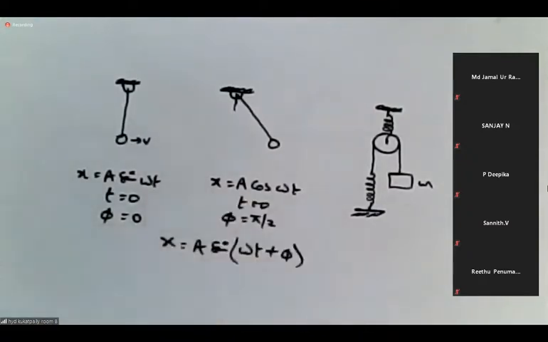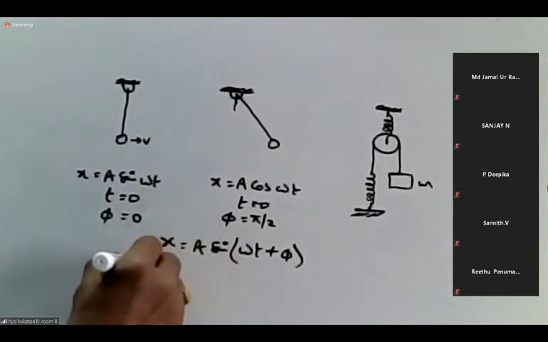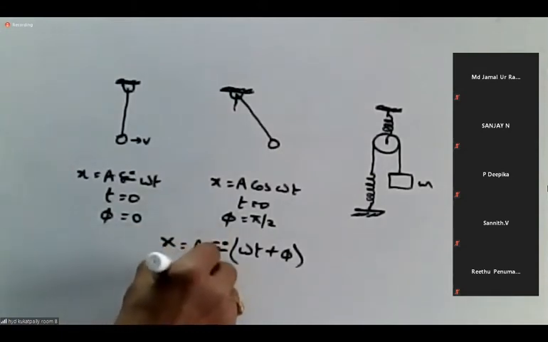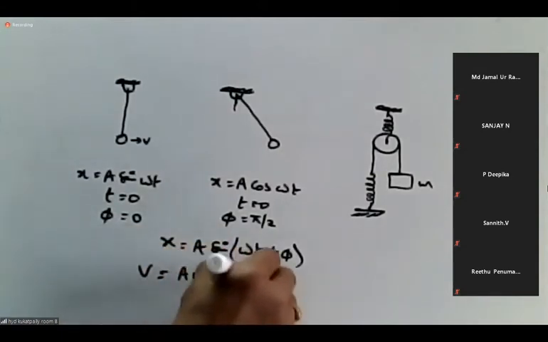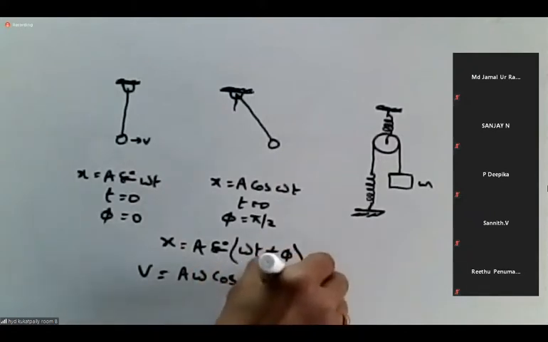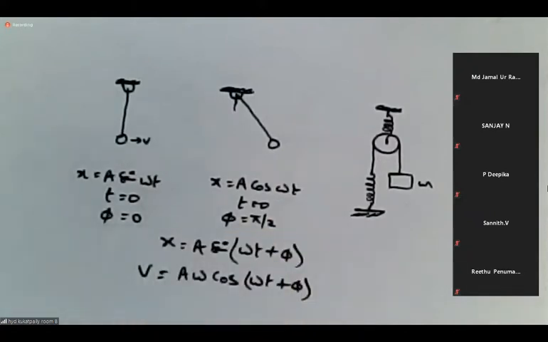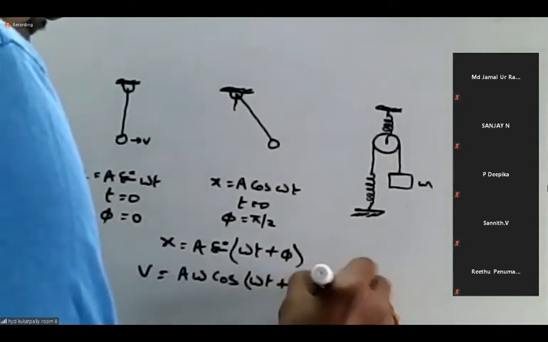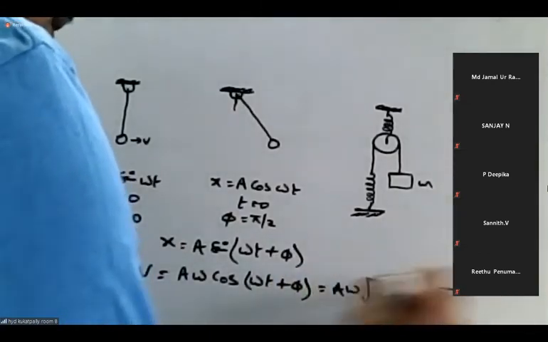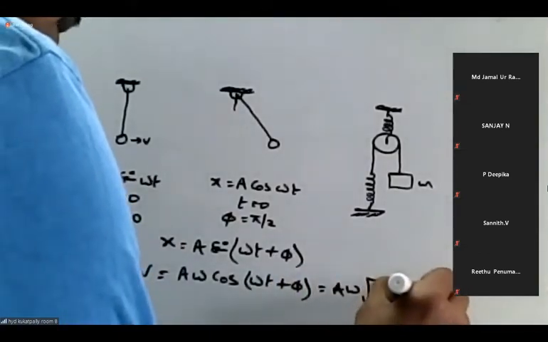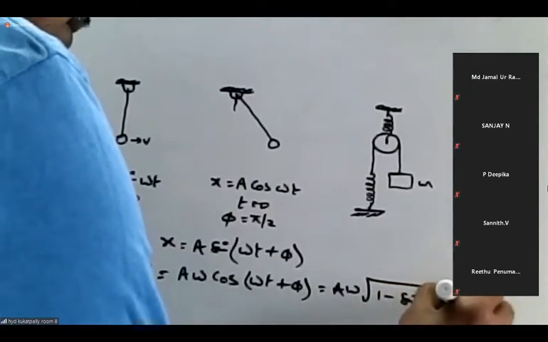The phi can be pi by 3, pi by 4, pi by 6, anything. Velocity v equal to a omega cos(omega t plus phi). This is a omega root of 1 minus sin square(omega t plus phi).